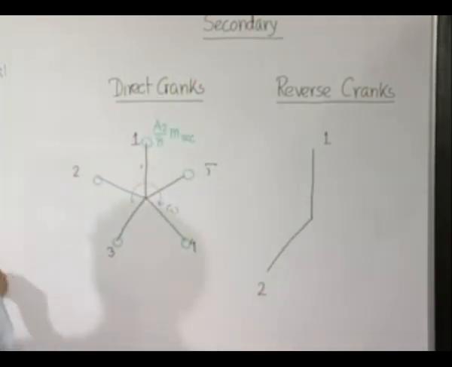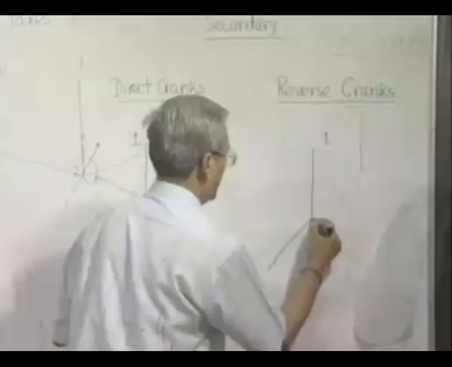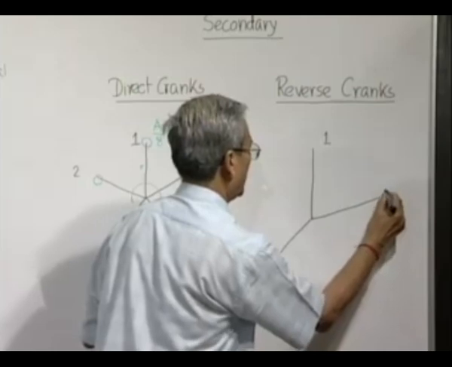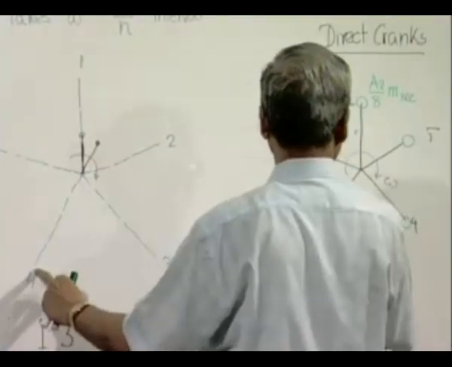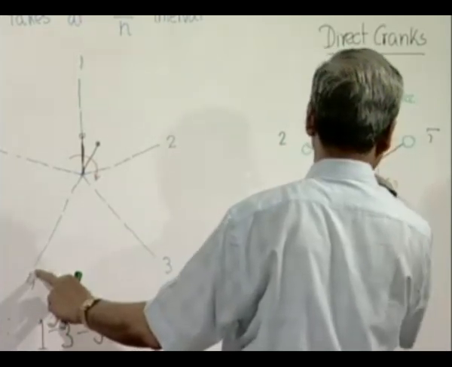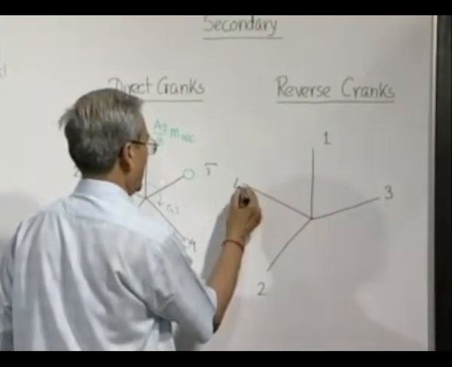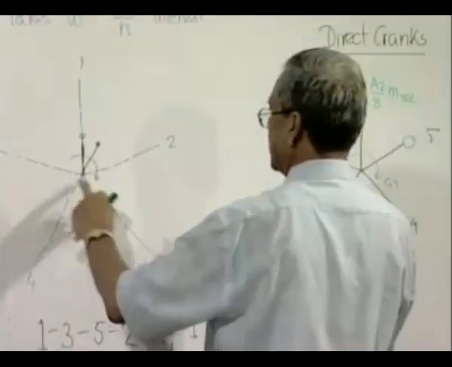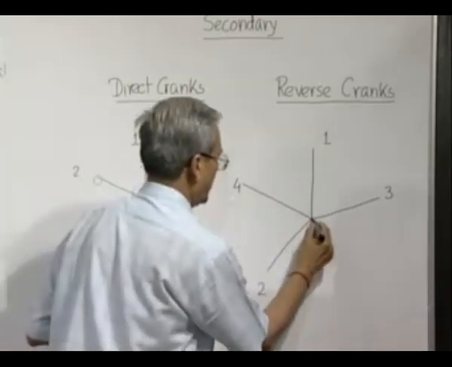For 3, direct crank is here, so reverse crank will be here. For 4, direct crank is here, so reverse crank will be here. And for 5, this is the center line, and the direct crank is here, so reverse crank will be here.